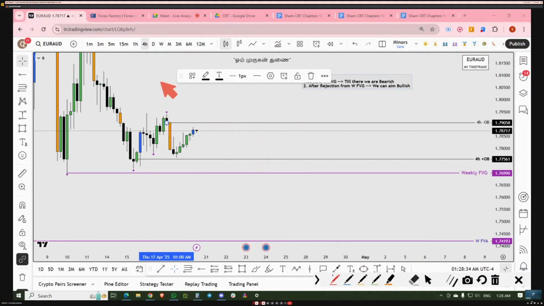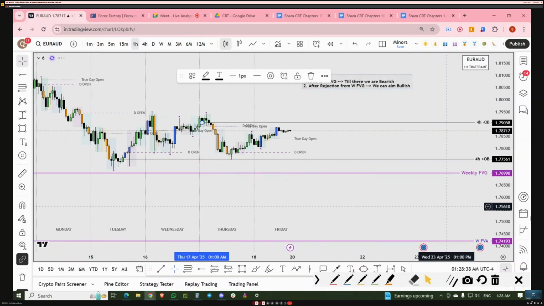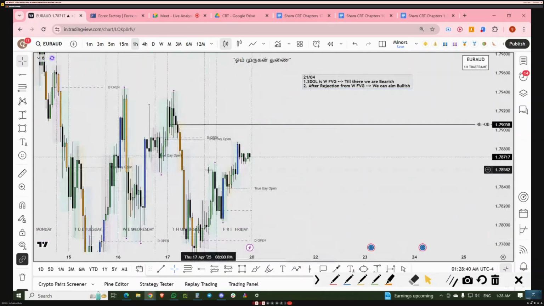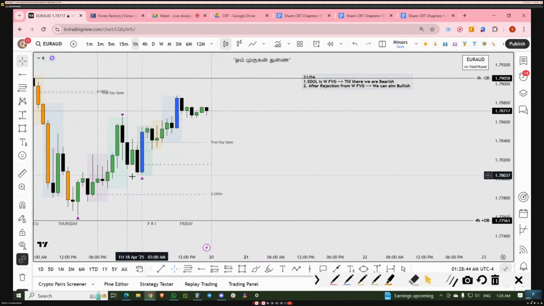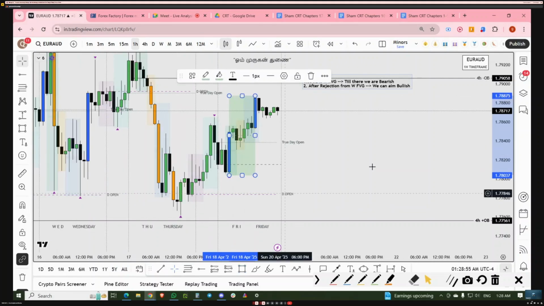Now I will also go to 1 hour to check the order flow leg. Order flow is currently bullish. I will teach you exactly what order flow is. This is my current order flow leg. Not this, not this, not this. This is the current order flow leg.